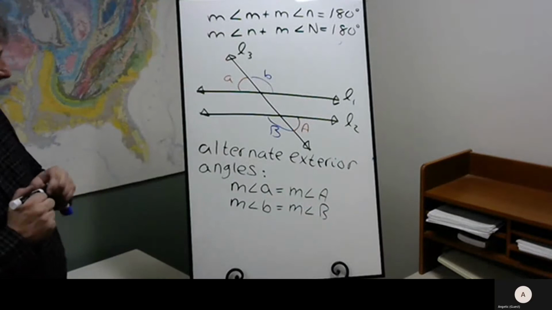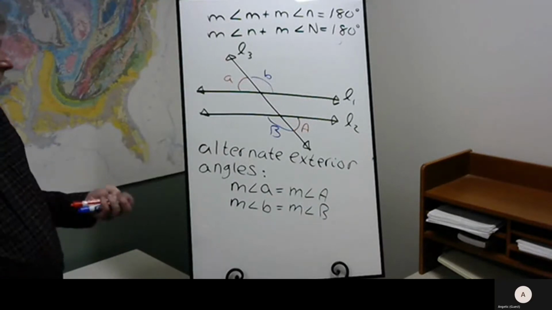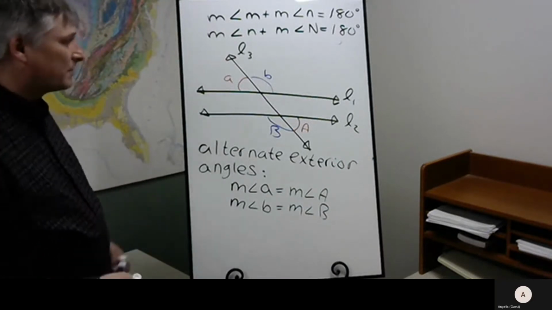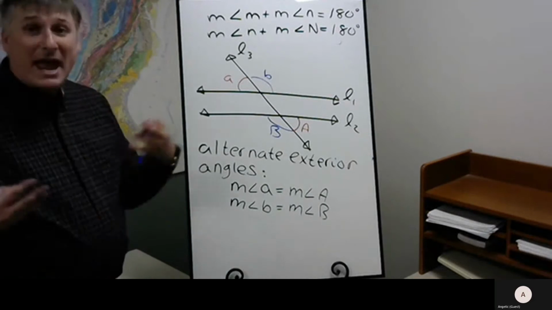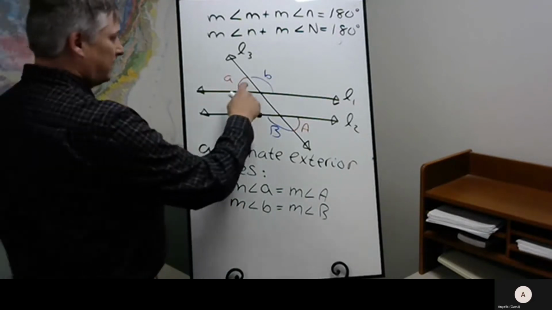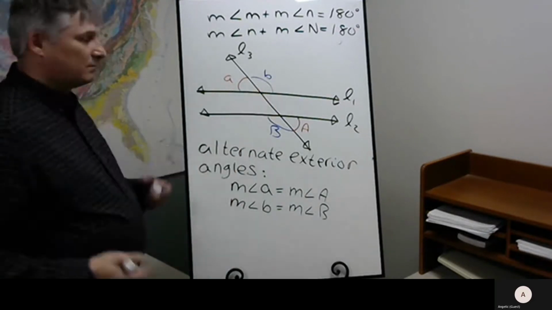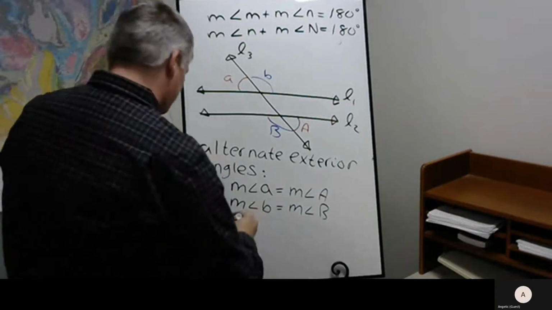And just like alternate interior, when we're dealing with these alternate exterior angles, little a plus little b is 180 degrees.